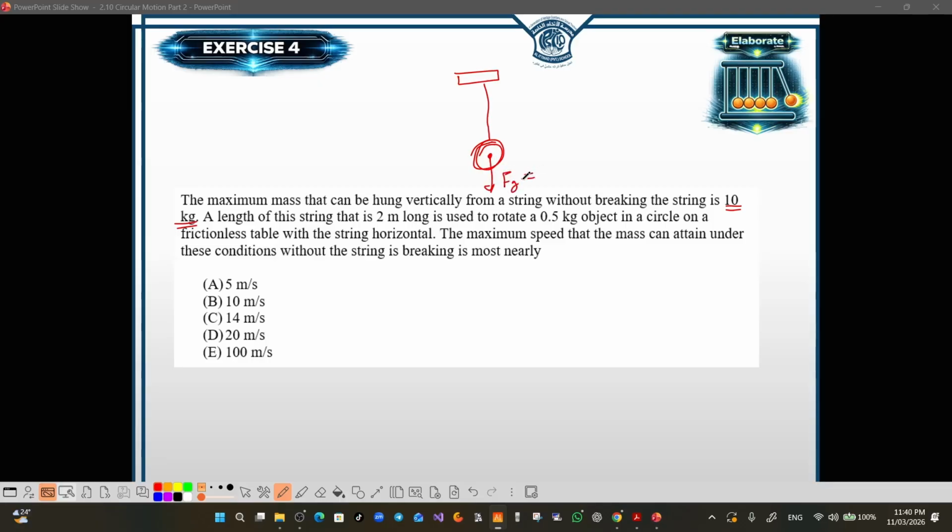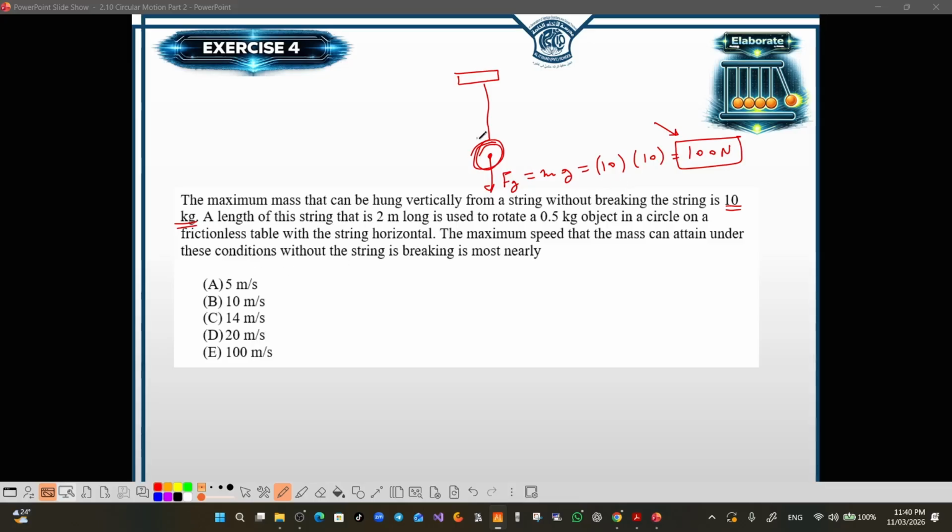So let's find out how much force is required to break the string. The force is m times g. The mass is 10, g we usually take as 10, so the answer is 100 newtons. It's not necessarily gravity that makes the string break, so it can be any force. The maximum force that can be applied on the string is 100 newtons, whether it's a pulling force, gravity force, or whatever the force is.